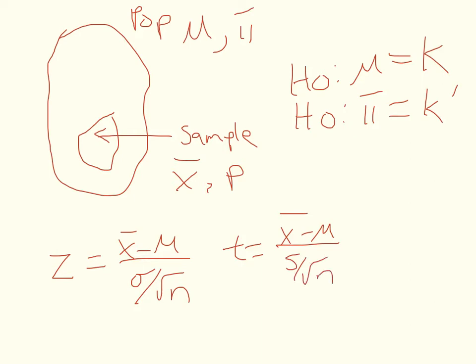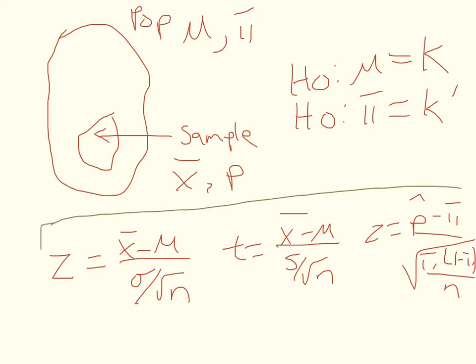And for proportion, we still would be able to use the z, but it would be p hat minus pi over root pi times 1 minus pi over n. So these were the statistics that we compared to our critical values with the one sample test.